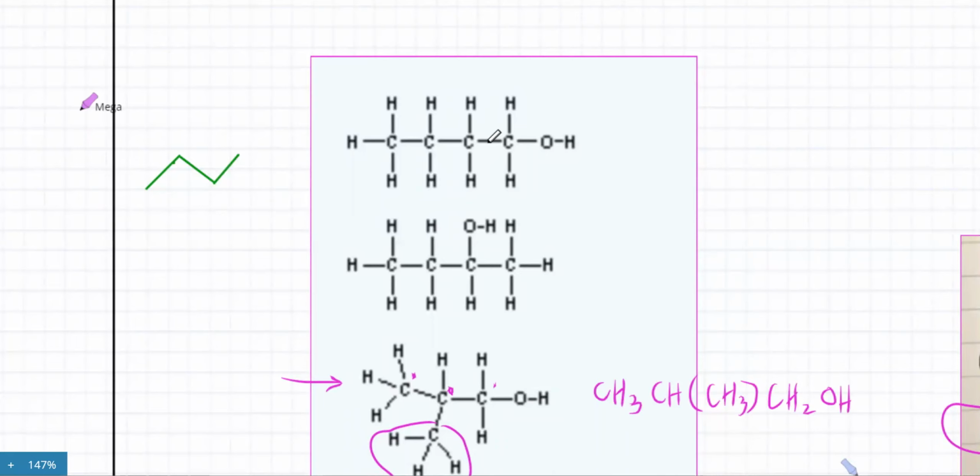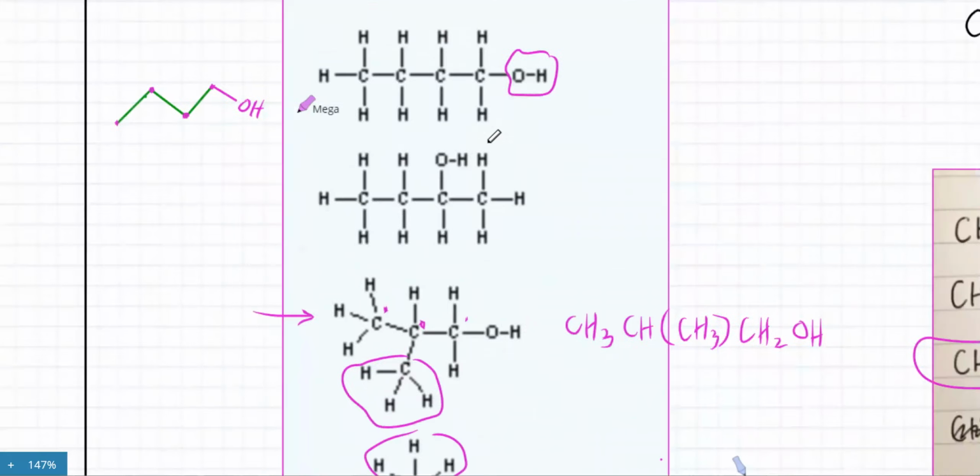The nodes or the ends of these lines are your carbon atoms. And you have to show the functional group. So there's an OH on the last carbon atom, so you've got to draw that. Okay, clear?